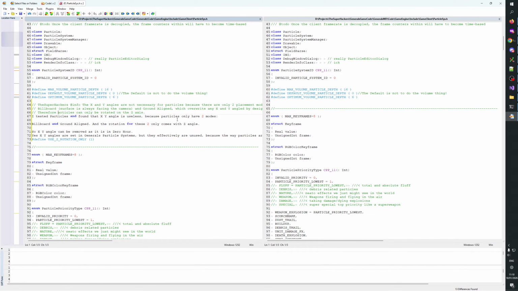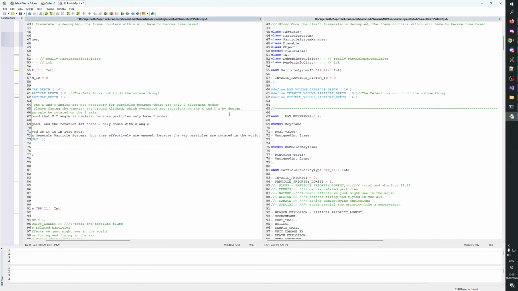Therefore, particles can only be rotated on the Z axis. Any rotations on the X and Y axis by design.